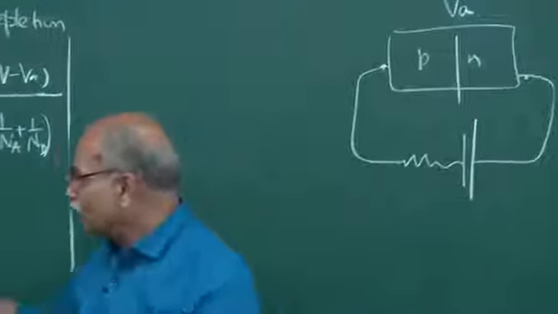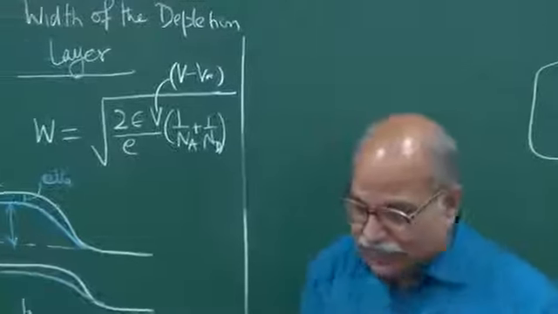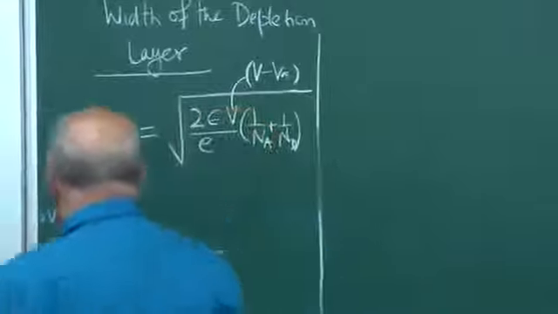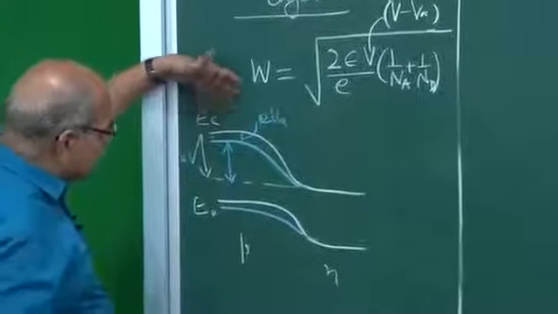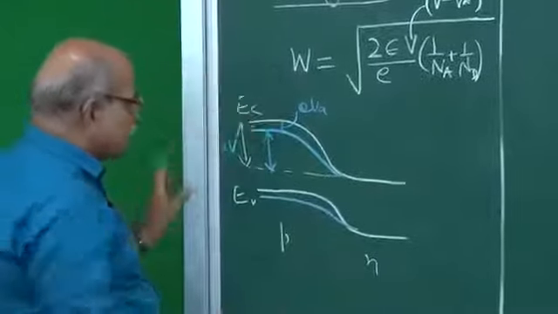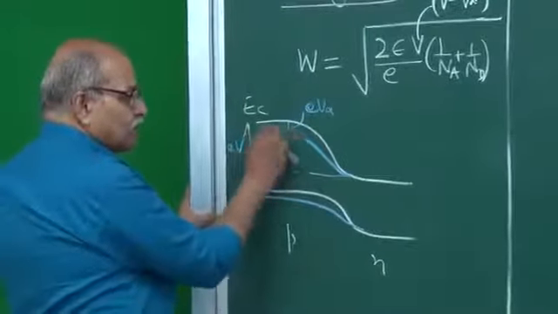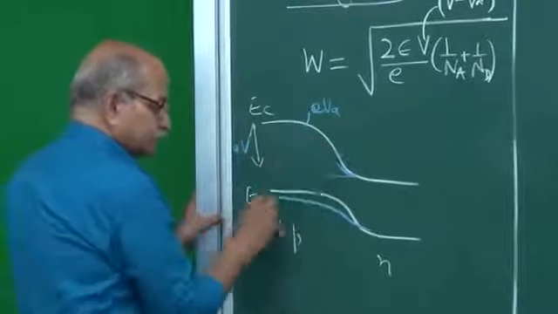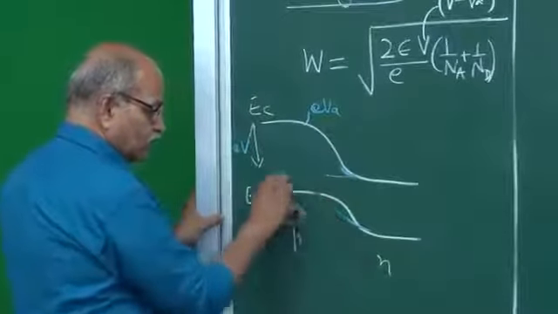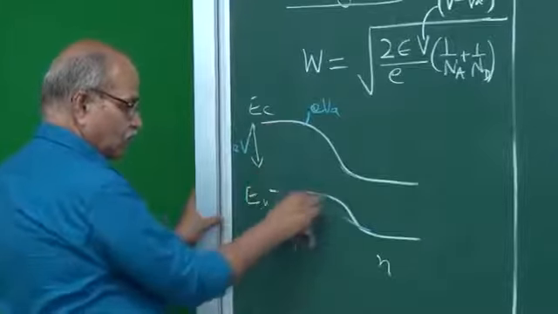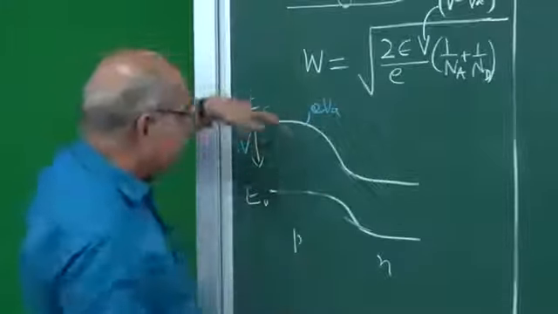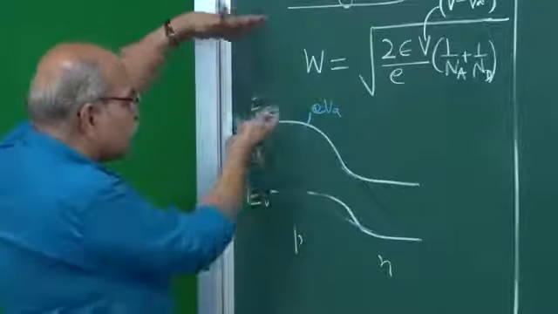So if you had this picture once again, in forward bias, these quantum states, these energies are reduced, but in reverse bias, all these energies will go up.